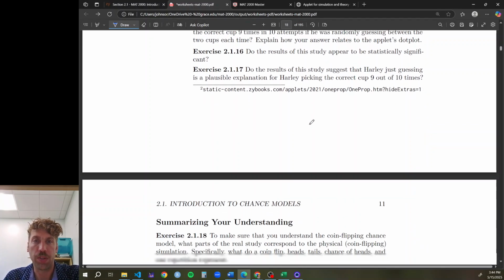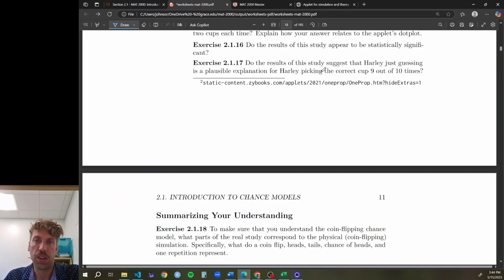All right, so for 17, do the results of this study suggest that Harley just guessing is a plausible explanation? The key word is plausible.